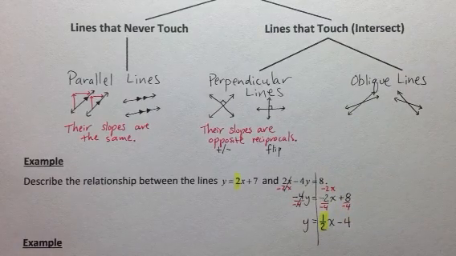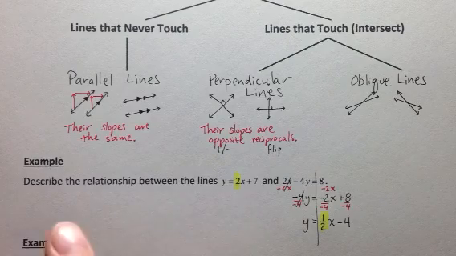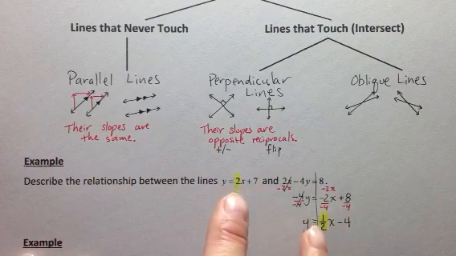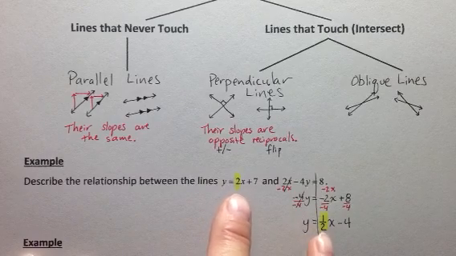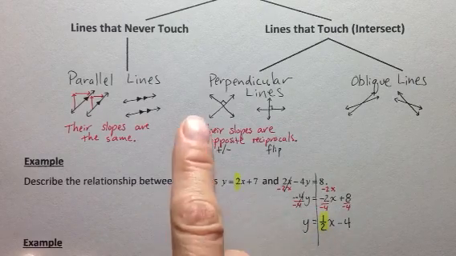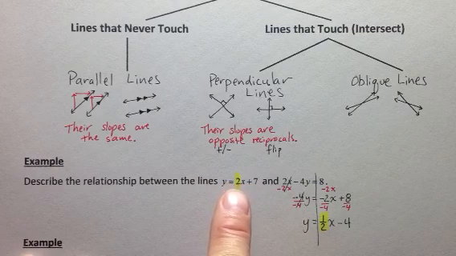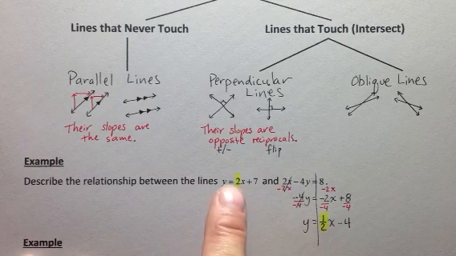It's 1/2. Okay, so as I'm asking myself what the relationship is, I start going through my cases here. Parallel lines would have the same slope. These are not the same slope, so they're not parallel. Okay, how about perpendicular? They are reciprocals. 2 is over 1, so 1/2 is the reciprocal of 2.